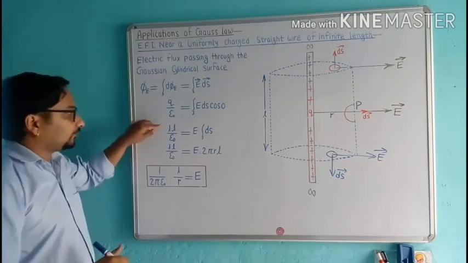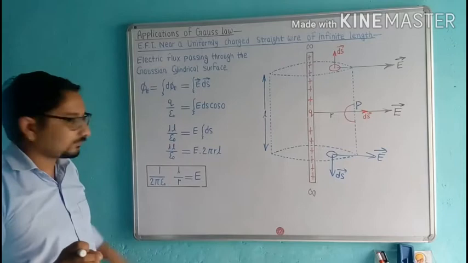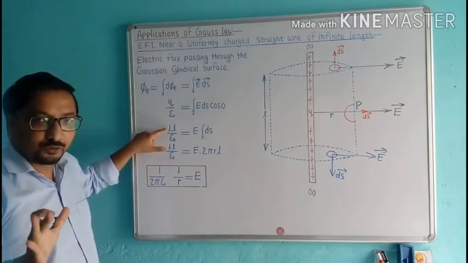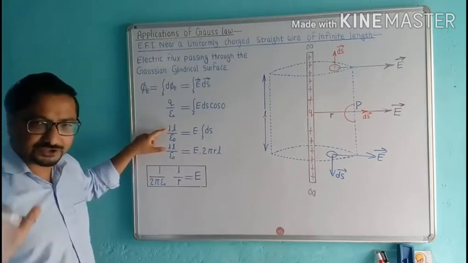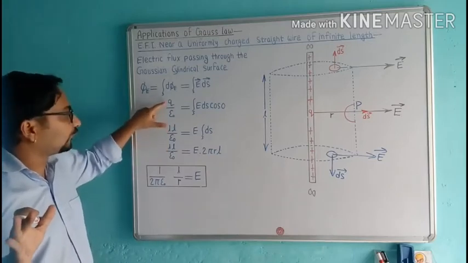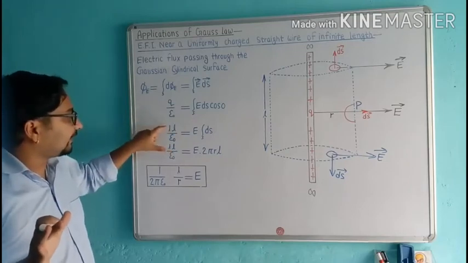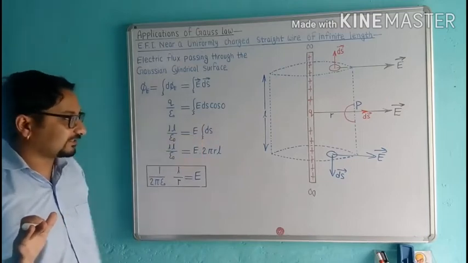Now we can write q is equal to lambda L, because lambda is linear charge density. We know about continuous charge distribution, so q can be replaced by lambda L. That means lambda L upon epsilon naught is equal to E times the surface integration of ds.